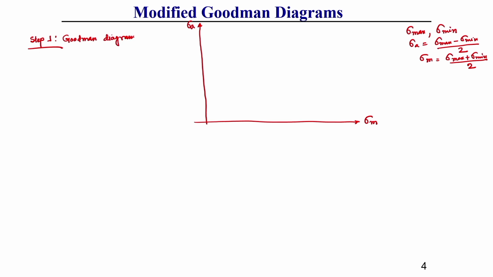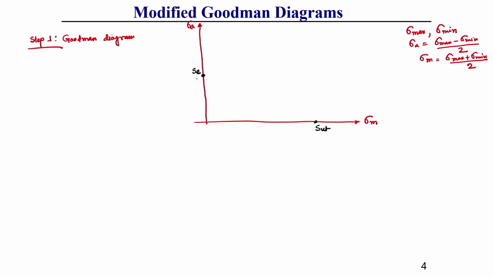So, what is the Goodman diagram? I have already discussed it. I am drawing the Goodman diagram here in a different color. In the horizontal axis there will be the ultimate strength, and in the vertical axis there will be the endurance strength SE.